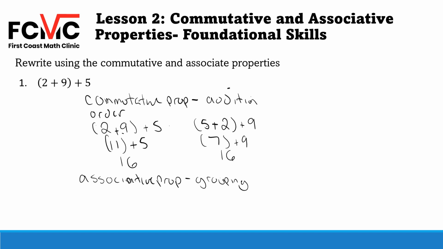So instead of the parentheses around the 2 and the 9, or 2 plus 9, we'll do 2 plus and then parentheses 9 plus 5. So now let's do the 9 plus 5 first. So we'll get 2 plus 14. And then 2 plus 14 gives us 16. So we got the same answer here, 16, 16, and 16.